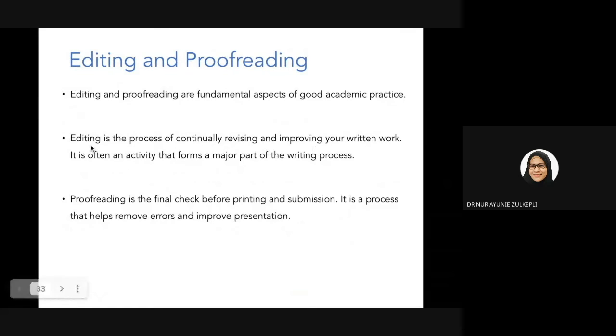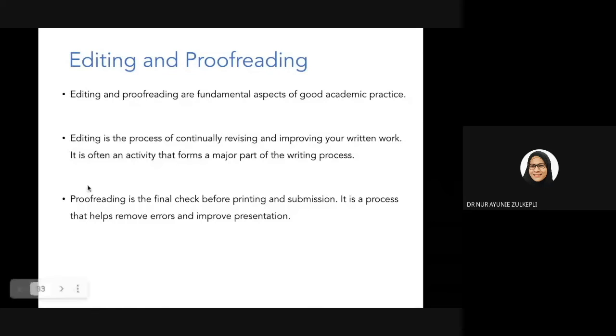So editing is usually done by you yourself before you submit to your supervisors or lecturers, and then lecturers will revise your write-up, and there may be maybe 4 to 5 rounds of editing before you can come up with the proofreading before you submit the article.